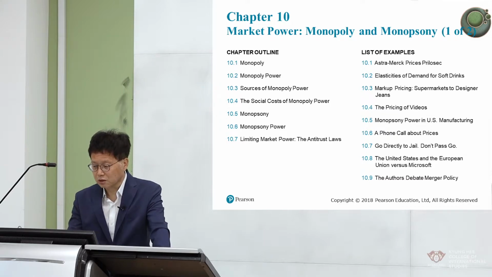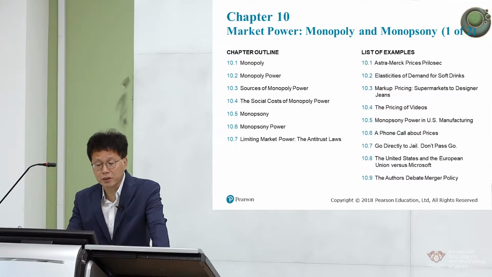The structure of chapter 10 is like this. Monopoly power. Monopoly means that in the industry there exists only one firm, one supplier. In that case, monopoly firms have market power and can increase their price, so they influence the market price over marginal cost.